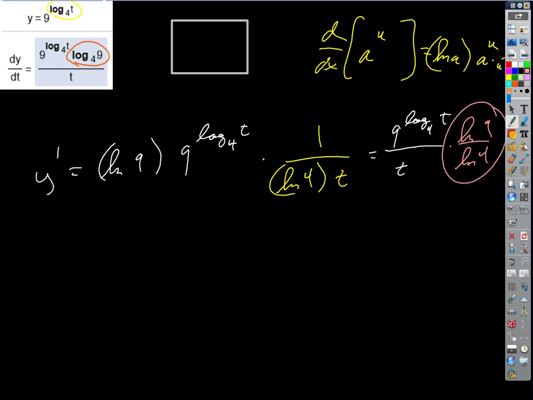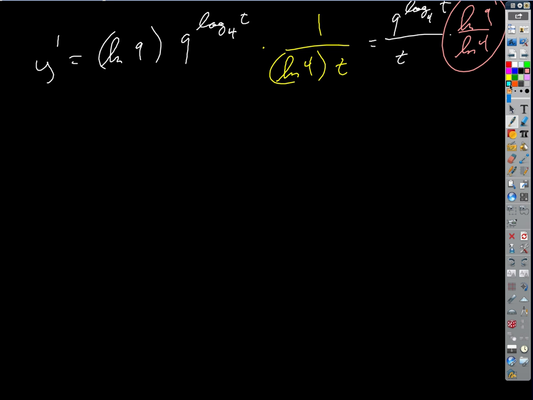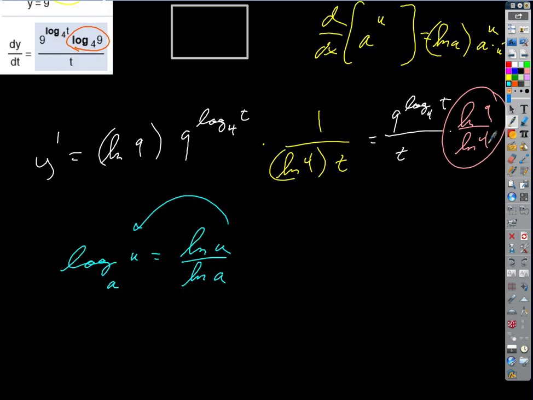And all that is taking advantage of the property that the base A log of u just equals natural log u over natural log A. And they just did that with them. Right? If I've got a quotient of logs, the argument of the bottom log becomes the base. The argument of the top log becomes the argument of the new log, right?